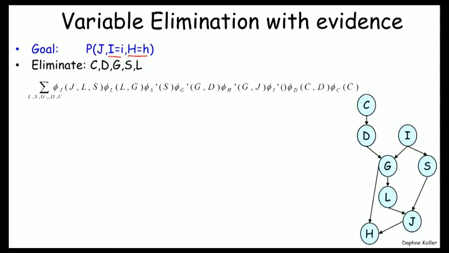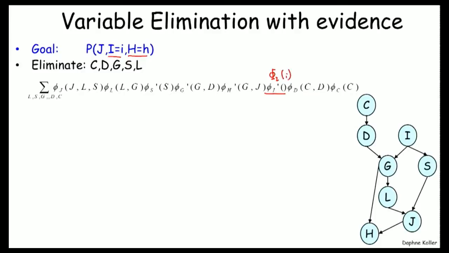And so we see here, for example, that whereas phi I initially depended on I, now it doesn't depend on anything because this is simply the value phi I of little i, which is a constant.